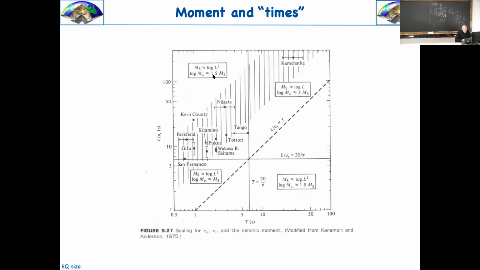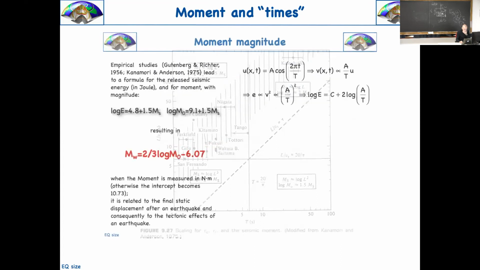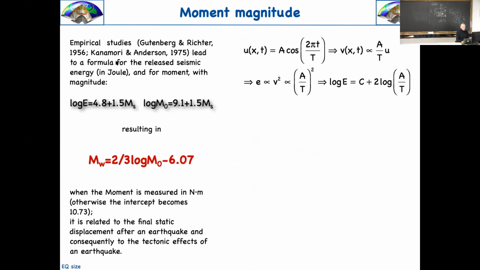We take the logarithm of a moment of an earthquake, and we multiply by the slope suggested by the theory, that is 2 over 3, and let's use it to define magnitude. So the final step is the following, and it's a sort of a summary of many things here.